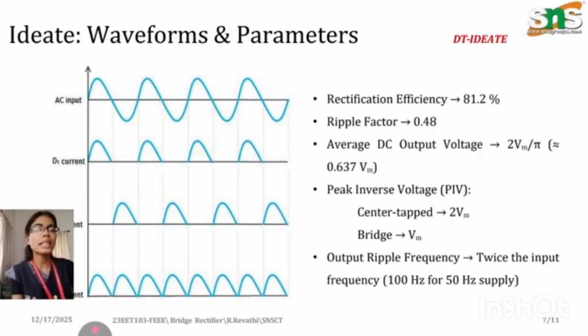Comparing the input to the applied D1 and D2 action, we can gain a full cycle, whereas the efficiency loss of the half wave rectifier is completely eliminated, so that we get both positive and negative half cycles in a bridge rectifier.